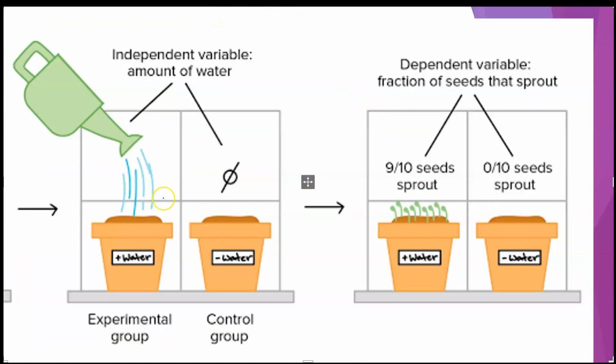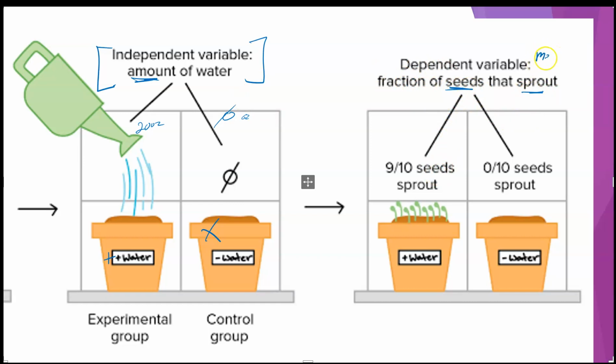Another example is here, a really similar concept. Again, control group, no water. Experimental group, plus water. Independent variable, the thing that we control, the amount of water. You either get 20 ounces or you get 0 ounces, right? Dependent variable, the amount of seeds that sprout.